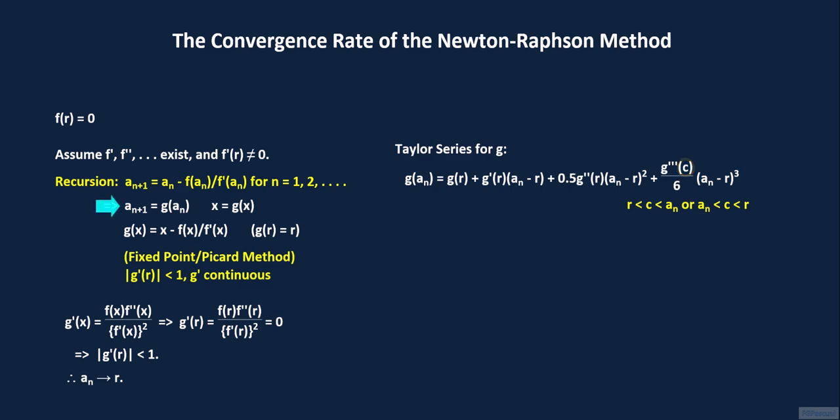a sub n plus 1 is g of a sub n. Since r is a fixed point of g, g of r is r. g prime of r is 0.